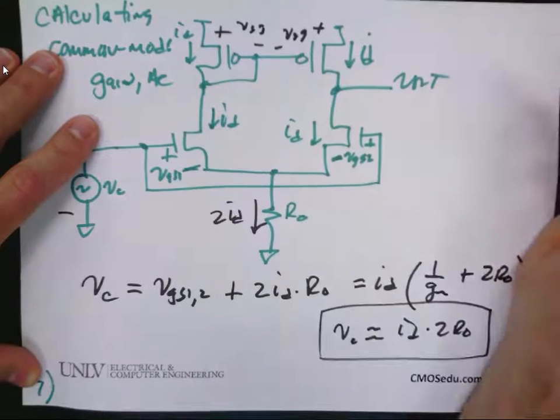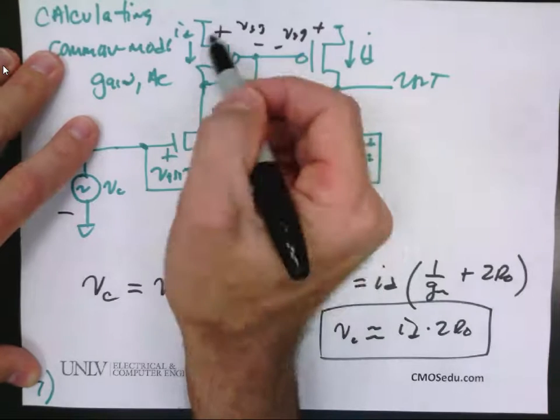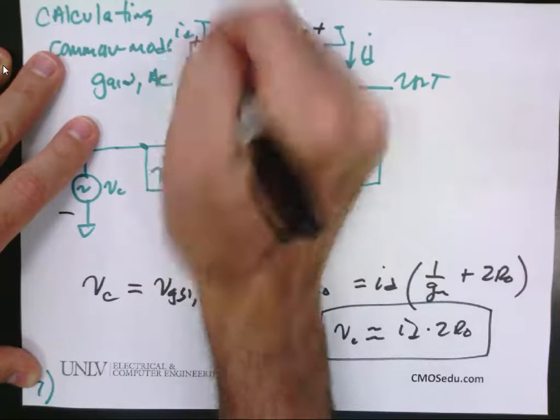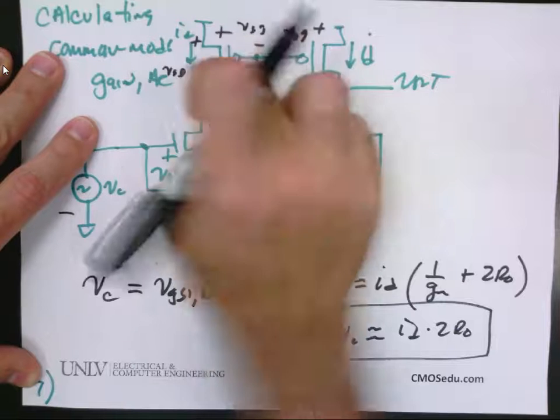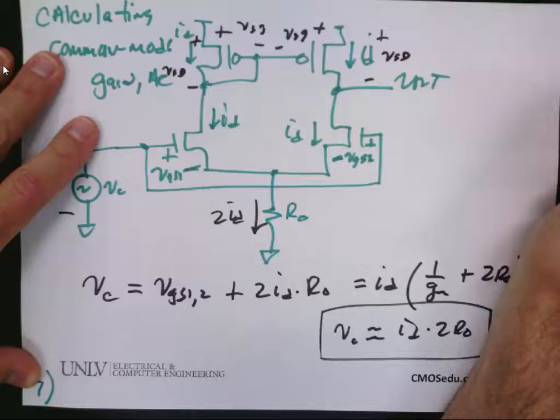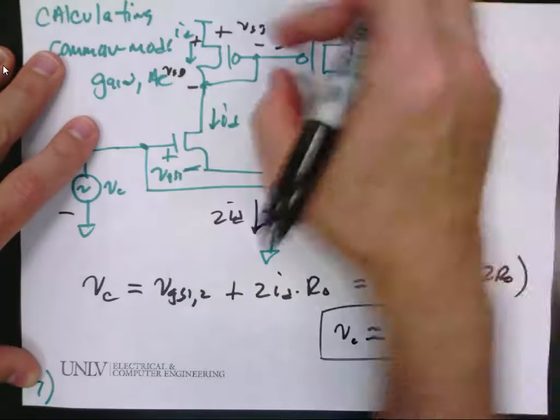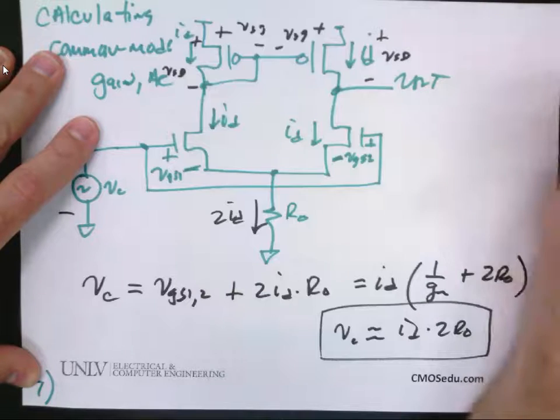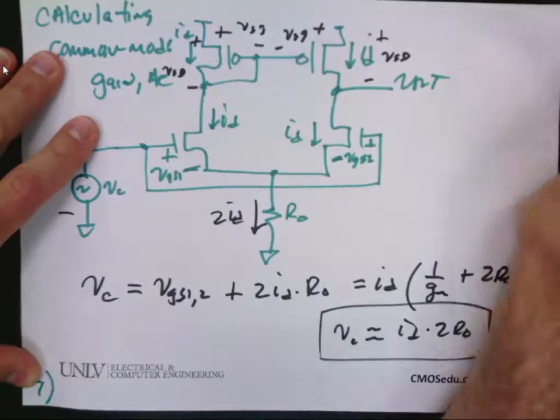Physically tied together. But wait, this is a gate-drain connected transistor. So what do I know about the source-to-drain voltage of this transistor relative to the source-to-drain voltage of this transistor? What do I know about the voltage wiggle here if their VSG and ID are the same relative to here? It's got to be the same.